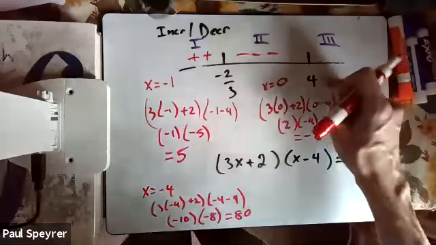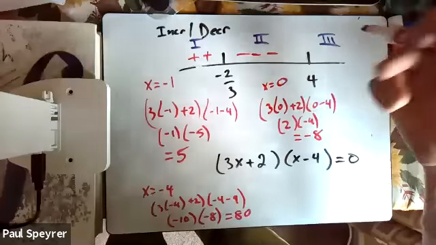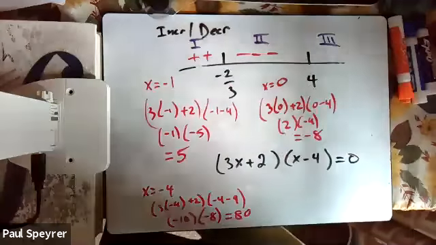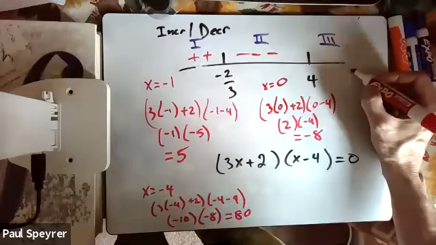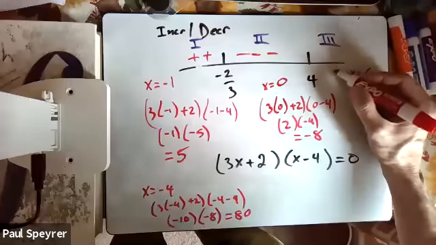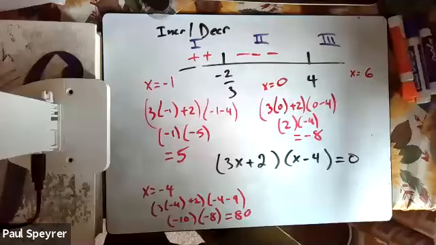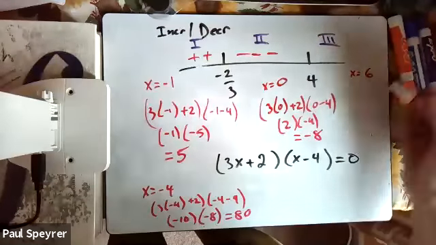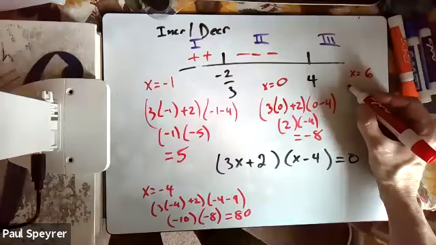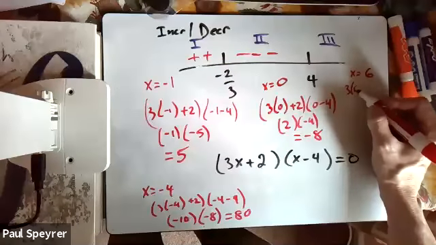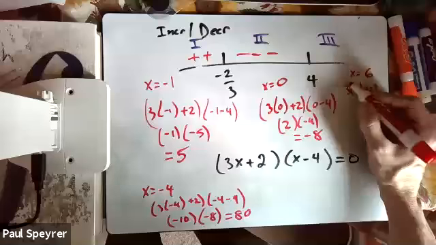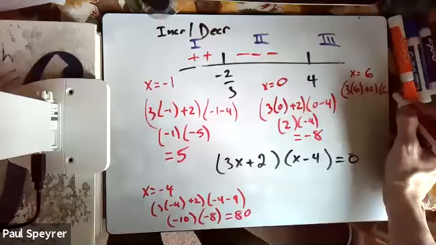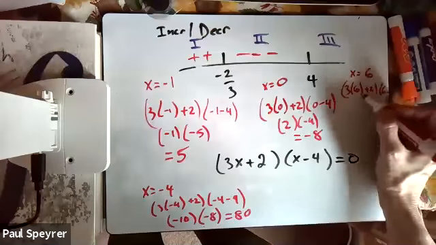Now we need a number bigger than 4 for the third region. You could test 5, 6, 7, 8, 9, 10, whatever, any number bigger than 4. I'll just test x equals 6. If you want on your paper, you can test 5. We should still come out to the same conclusion of positive or negative. So I have 3 times 6 plus 2. 6 minus 4. And you see you get a positive, right?